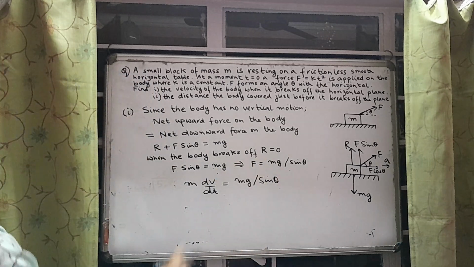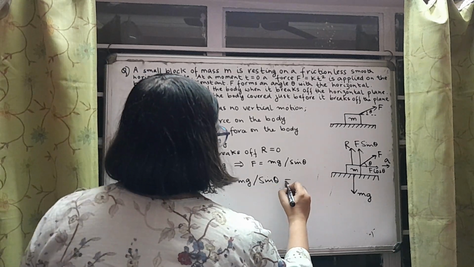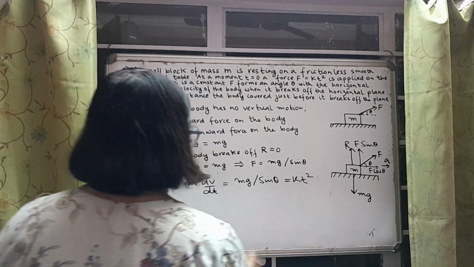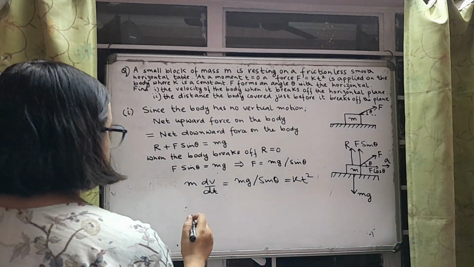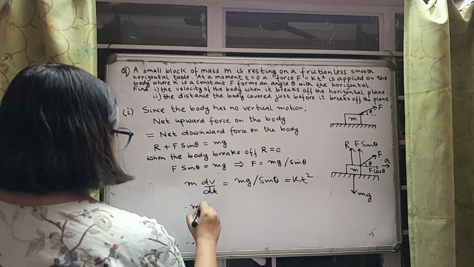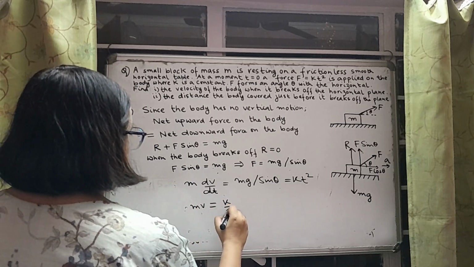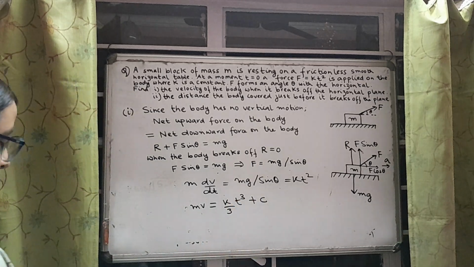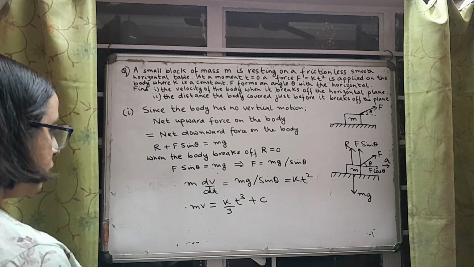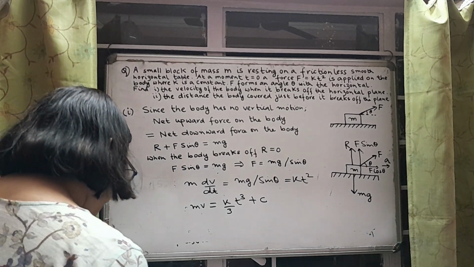I can write this, force is mass into acceleration, and this is nothing but k t squared. So if I had done the integration without taking the limit, then I would have this as mv equal to k t cube by 3 plus c.